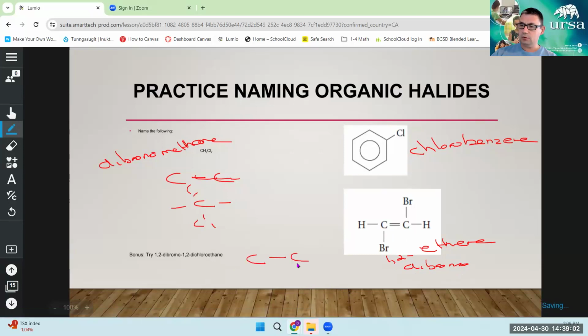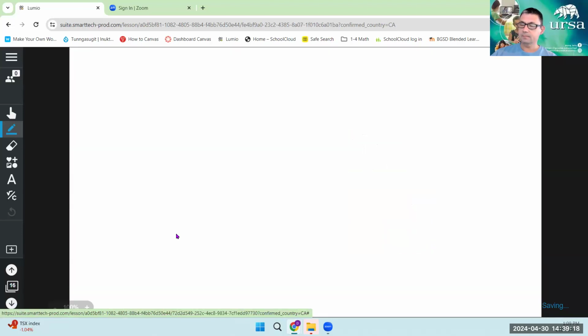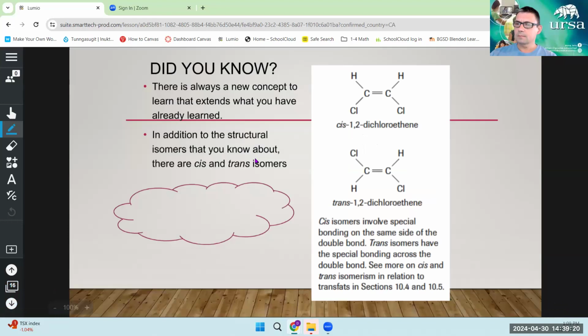Carbon, carbon, 1,2-dichloro, 1,2-dibromo. But it's an alkane, all single bonds. So we always know there's lots we can do.